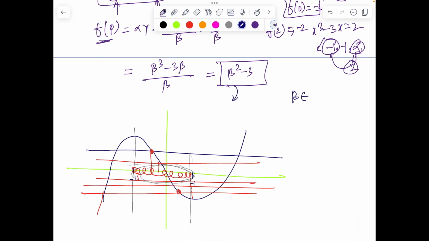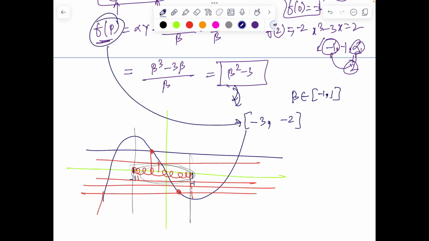As beta is dancing from minus 1 to 1, I can tell this expression will dance from minus 3 to minus 2. Hence the minimum value of Fp is going to be minus 3 in this interval, right? And that will happen at beta equals 0, which means P equals 0.